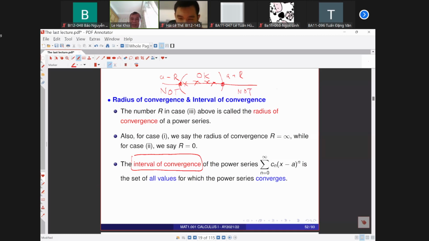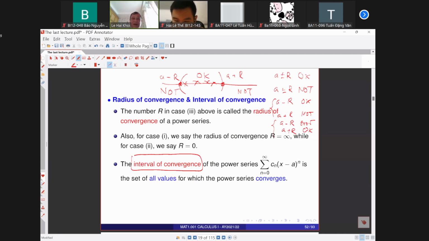It can happen that at A plus minus R, you have divergence. And it also can happen that at A minus R, you have convergence but at A plus R you have divergence, and vice versa. At A minus R you have divergence, but at A plus R you have convergence. So 4 cases.